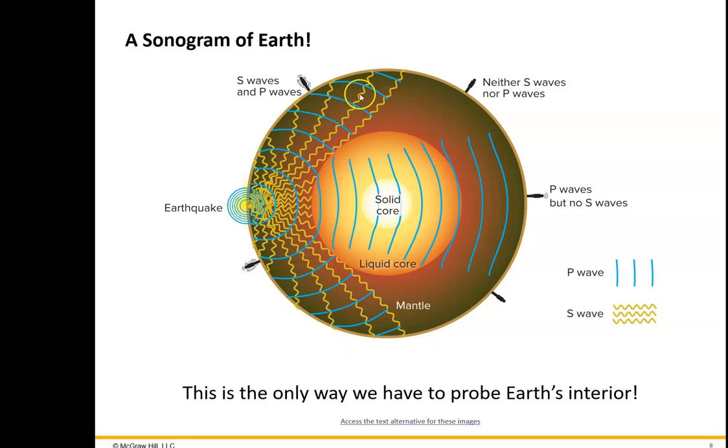We've had them around the planet for almost 100 years now. You have to put these detectors that can detect S and P waves all over the planet. At first, it wasn't all over the planet. It took a while before we could get a clear picture of what was going on.